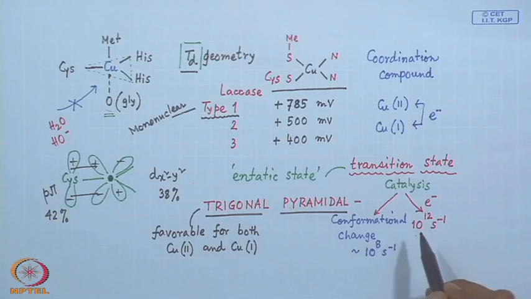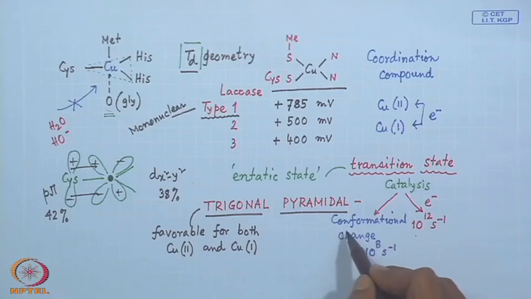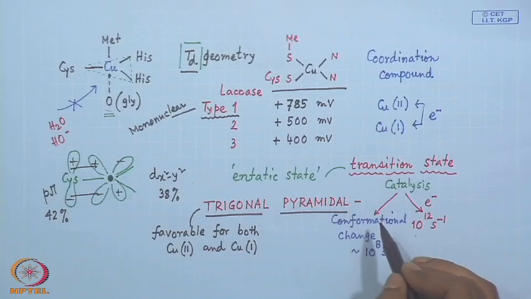When you have the electron transfer, sometimes electron transfer takes place after your conformational change, or sometimes after electron transfer you have the conformational change.